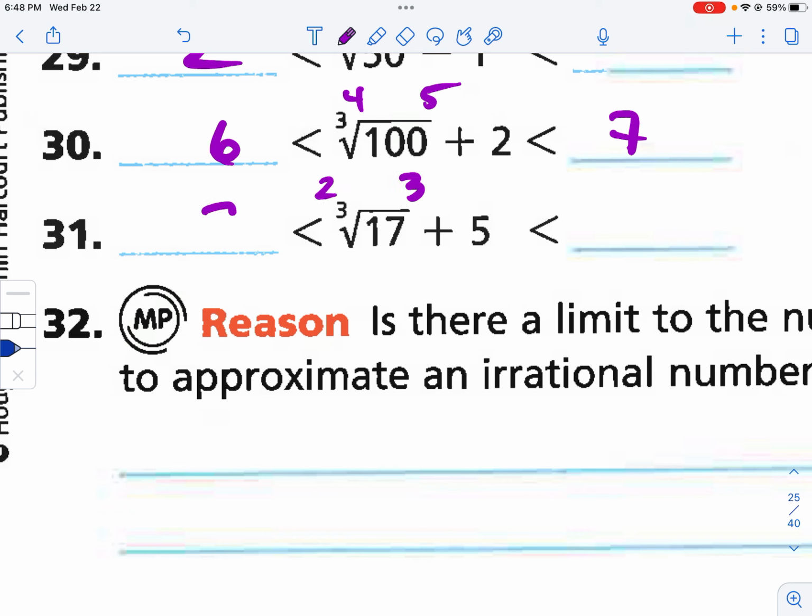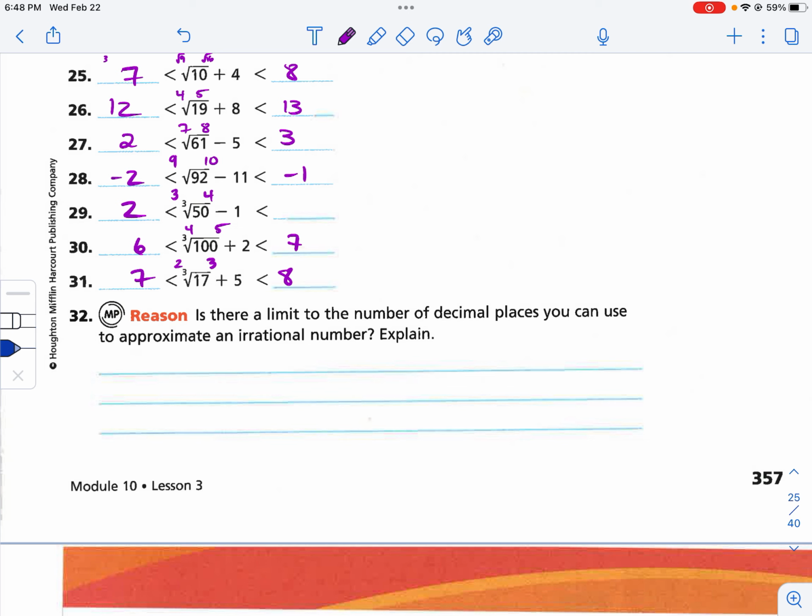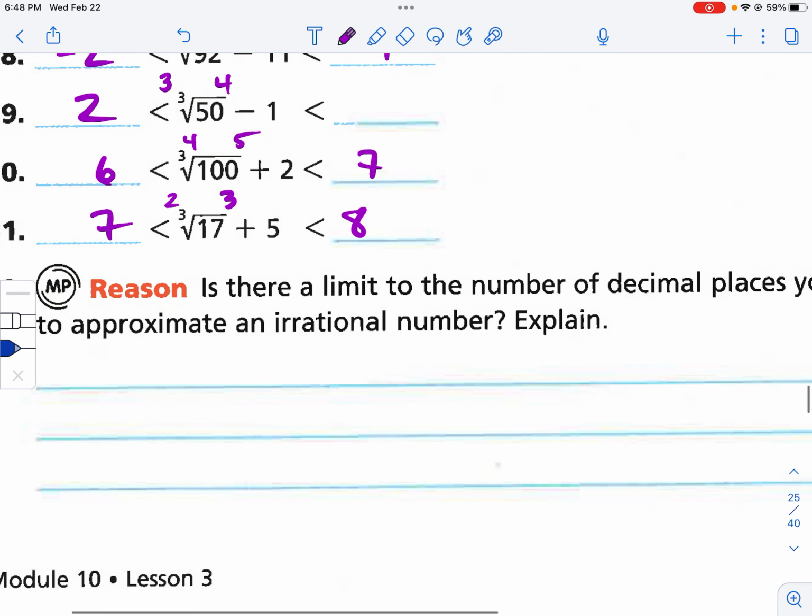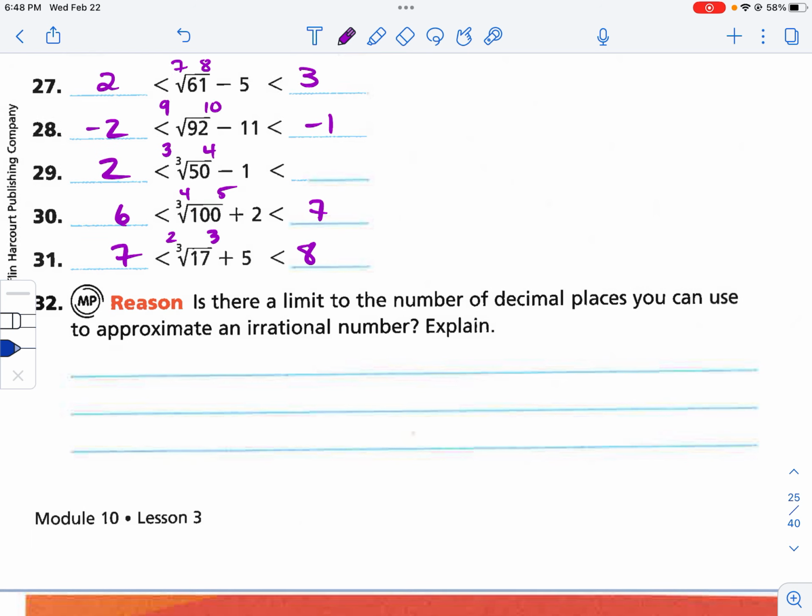Is there a limit to the number of decimal places you can use to approximate an irrational number? Limit to the number of decimals.